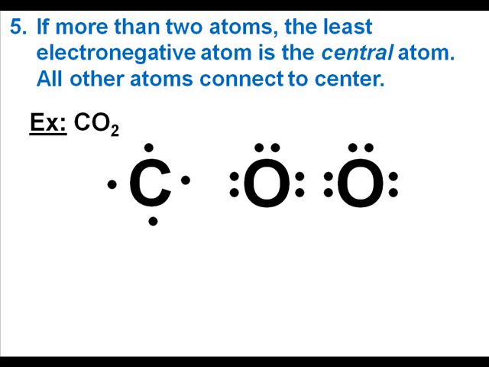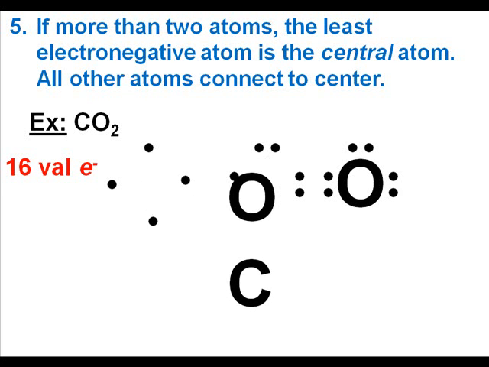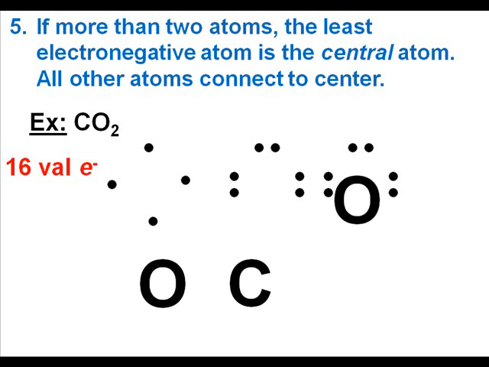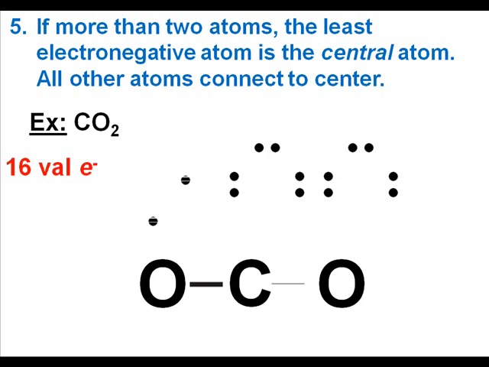So both methods often work. So if you count them up, there are 16 valence electrons. Your first move is to put the carbon in the central atom, build the other two, and link them together in single bonds. Notice, when you build those single bonds, there are 4 electrons that are removed from the pool that can be used.